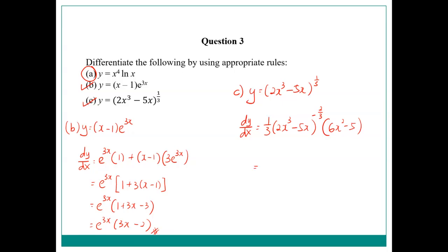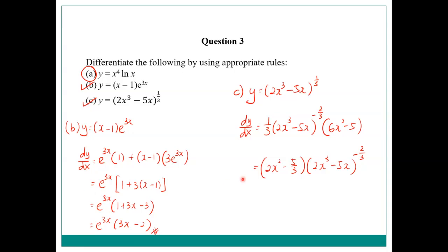So if you want to simplify our answer, we get 2x squared minus 5 over 3, 2x cubed minus 5x to the power of negative 2 over 3.